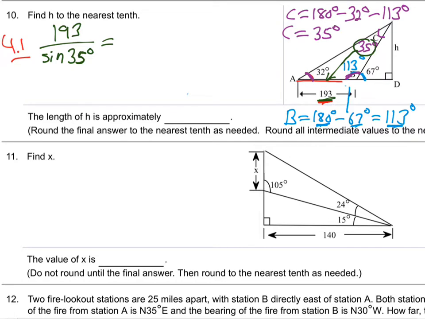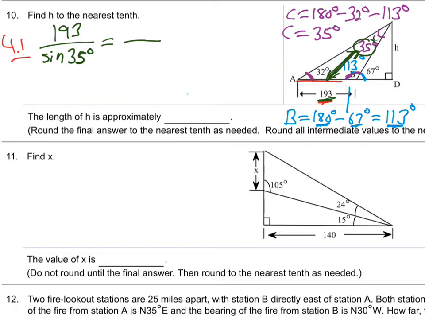This is how the law of sines works, right? It's always a connection between an angle and the side across from it. And you can put either one on the top and the bottom. You can put the sine of the angle on the top and the side on the bottom, or vice versa. It doesn't matter. I just happen to put the side on the top. It'll work either way. So now the other fraction, so I've got these two, right? They're an angle and a side across from it. Now that's going to match up with what other pair?